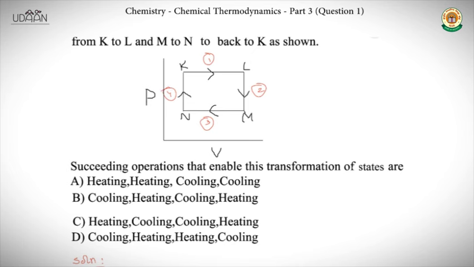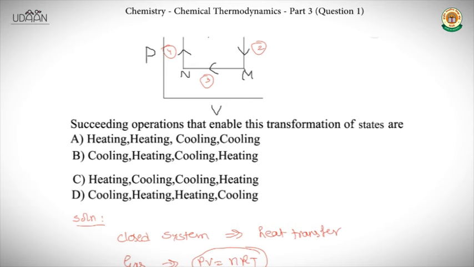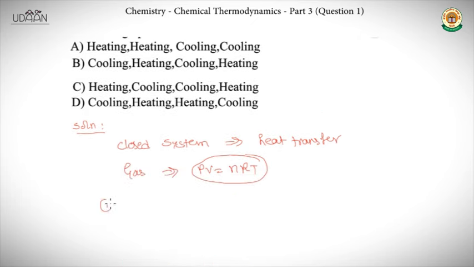See, in process 1, K to L, pressure is constant, but the volume is increasing. So in process 1, the product PV will increase. P being constant, V increasing.